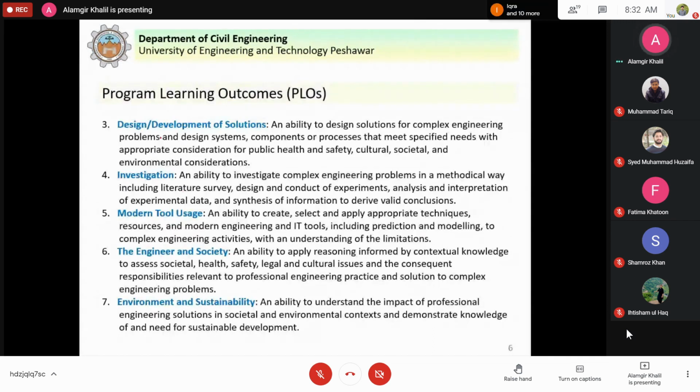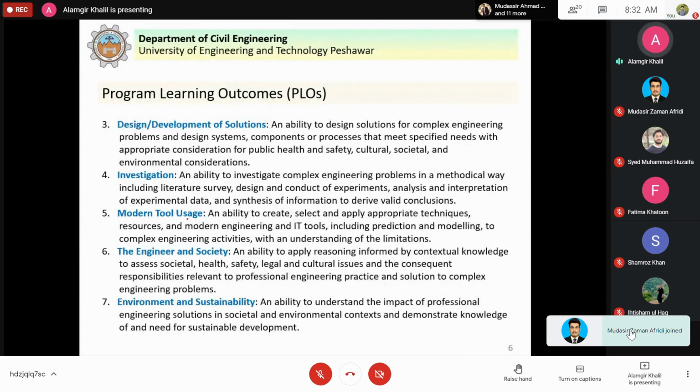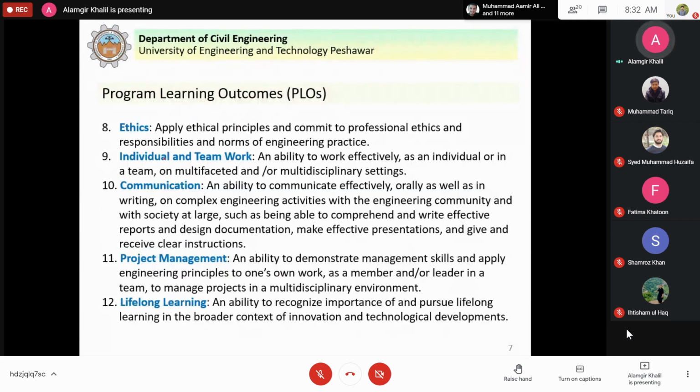We have other PLOs also, for example, design development of solution, investigation, modern tool usage, engineer and society, environment and sustainability, ethics, individual and teamwork, communication, project management, and lifelong learning. So other courses will contribute to one or more of these PLOs.